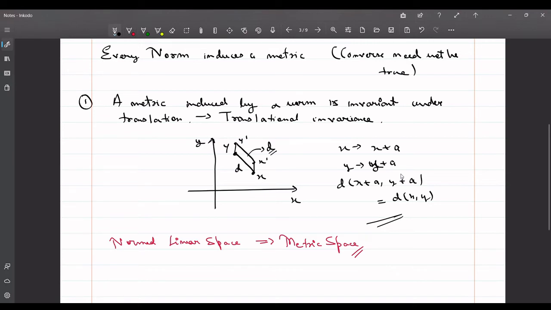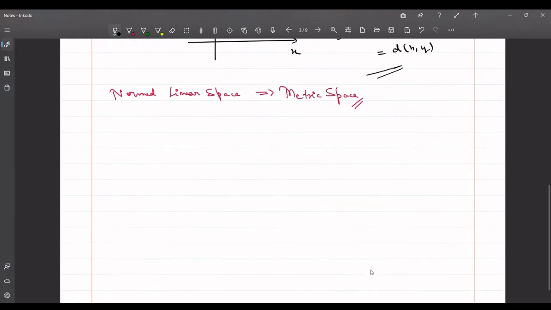Now let us see a few examples. If we see examples of a normed linear space, we will automatically get examples of a metric space. As I was telling the BSc students, while studying inner product spaces and norms, I was not giving examples, so we will take the examples now. The first example is the real numbers.